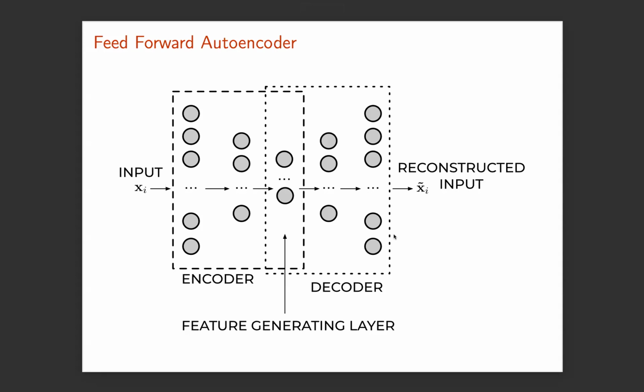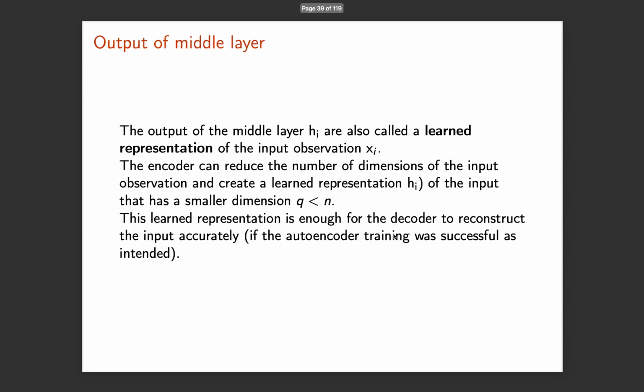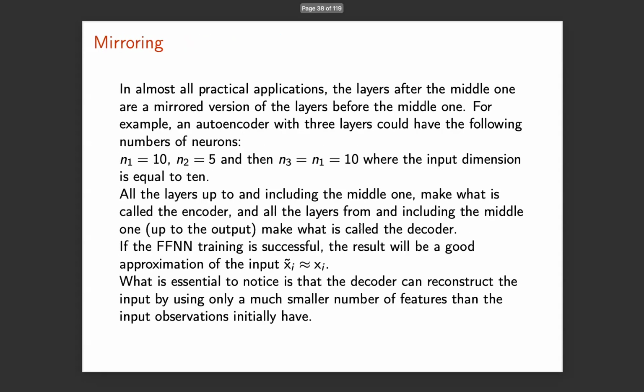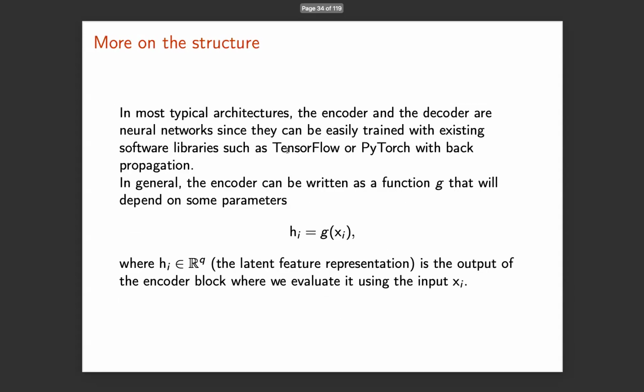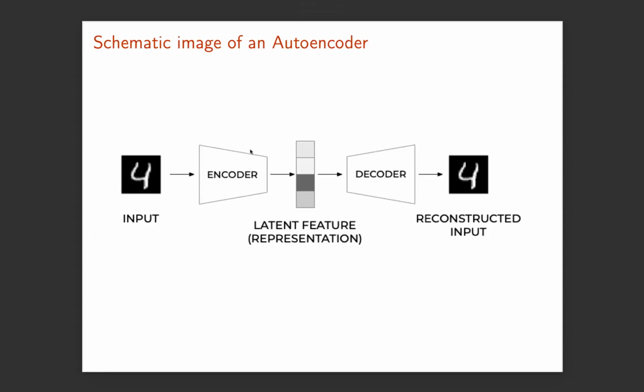I'm just going to skip some of these things here. Often the decoder part is something which mirrors the encoding part. So the network can look much the same, except that it is opposite. And if you look back at this image, what often happens in the construction of an autoencoder using neural networks is that the network you see here would be the same as the one you see, except that it starts with the opposite number of inputs to the decoder part.